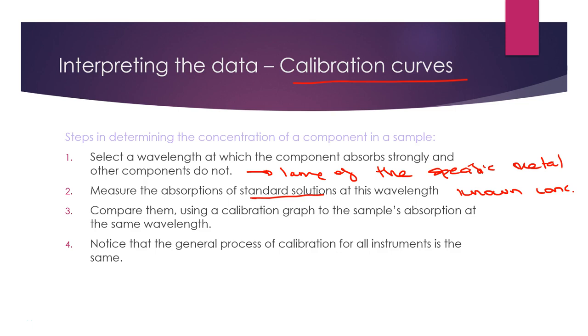So let's say we're doing calcium again. So we've got our calcium lamp. We would make up solutions of a known concentration of calcium ions. So we might start at 0.1 mole or 0.001 mole. We would make up a series of known concentrations, so maybe 10 milligrams per litre, because this can be quite sensitive, up to maybe 40 or 50 milligrams per litre.